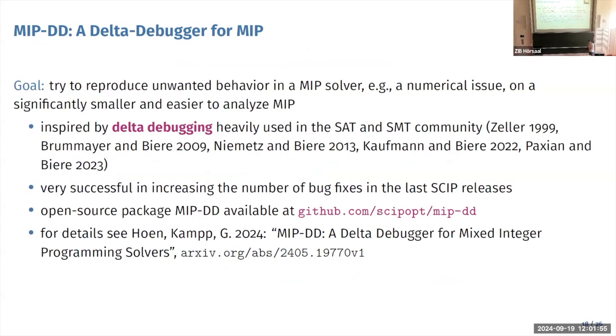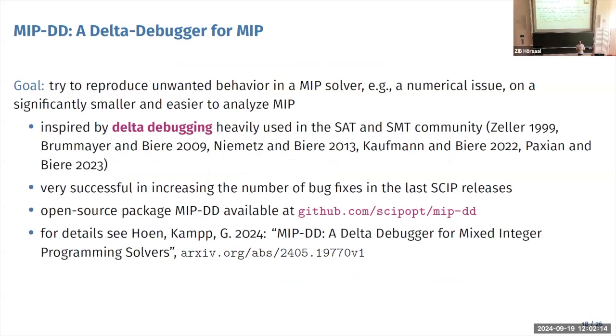Here I have another tool that's not only focused on numerics, but that we've developed just recently, and so I wanted to mention it. In the SCIP development, of course, we also encounter regular bugs that are reported by users or encountered by ourselves.